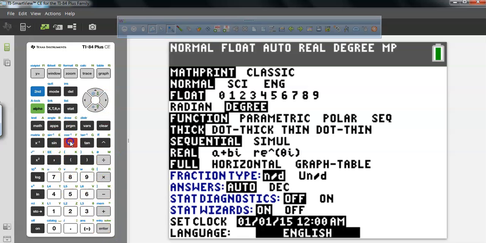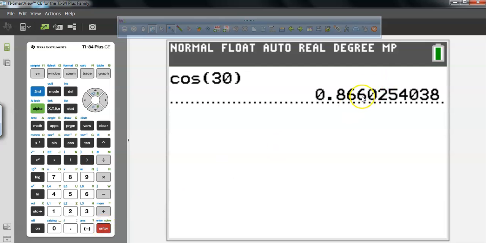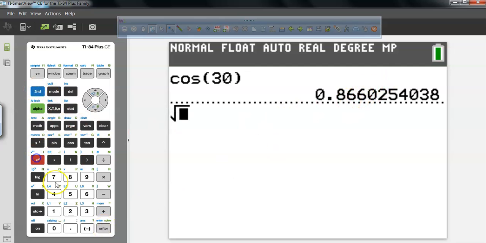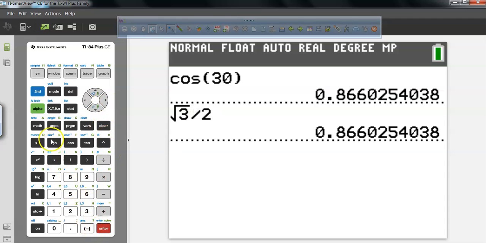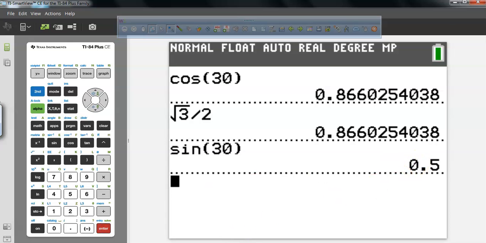So if I say, what is the cosine of 30? You get that 0.866. Well, that's the same as saying radical 3 divided by 2. If I said, what is the sine of 30? You get a half.